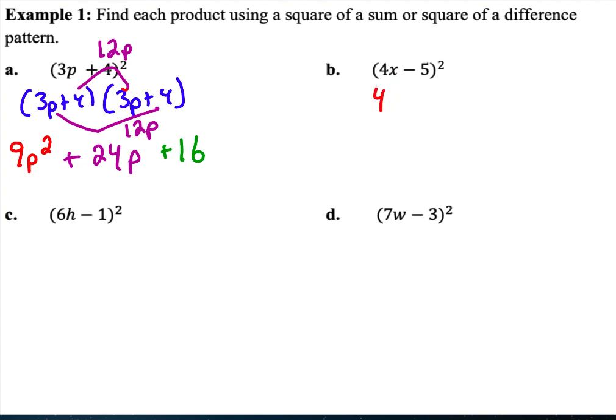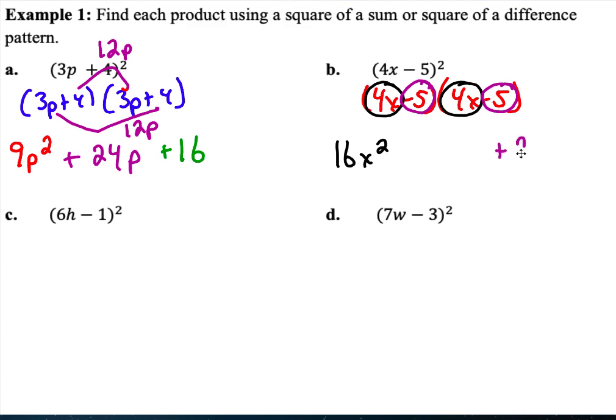All right, so 4x minus 5 times 4x minus 5. I'm going to multiply those first terms. 4x times 4x is 16x squared. I'm going to multiply those last terms. Negative 5 and negative 5 is positive 25.